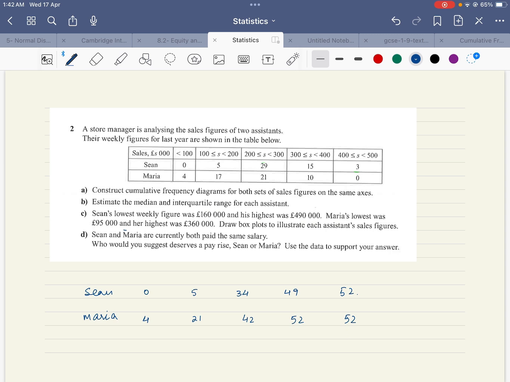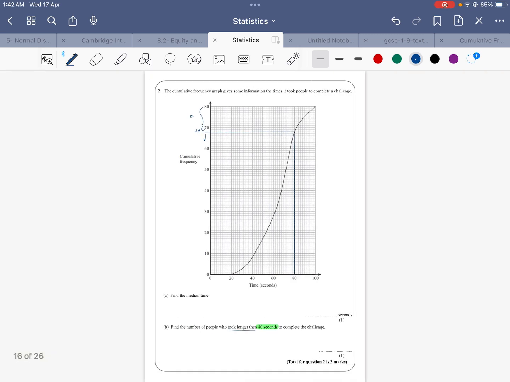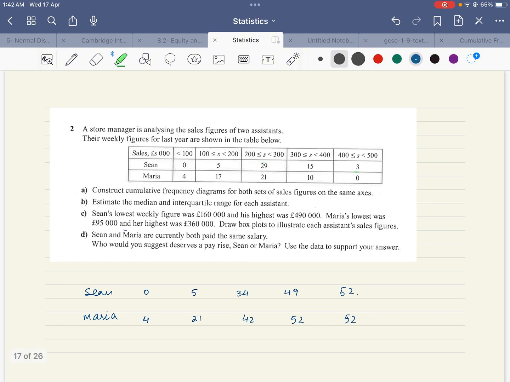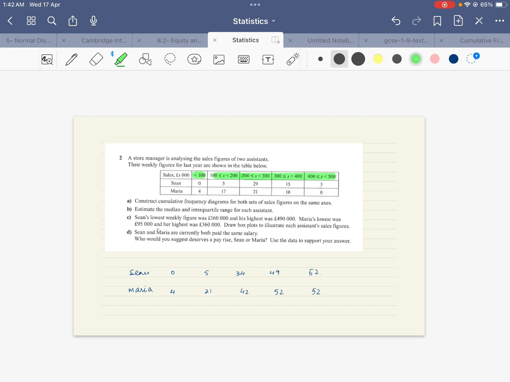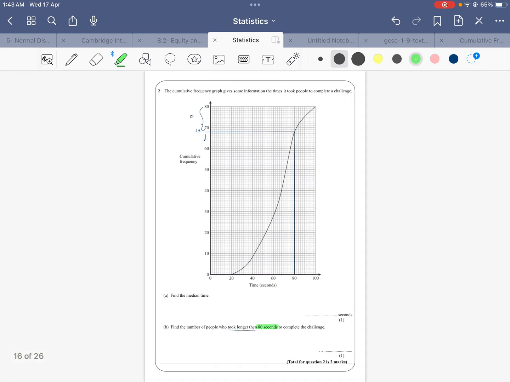But the question here is, how do we draw two cumulative frequency curves on one graph? Let me demonstrate it here. Class intervals will be the same, as we can see here that the class intervals are same for both. And the cumulative frequencies will differ. So let's say this graph is for Sean, suppose.